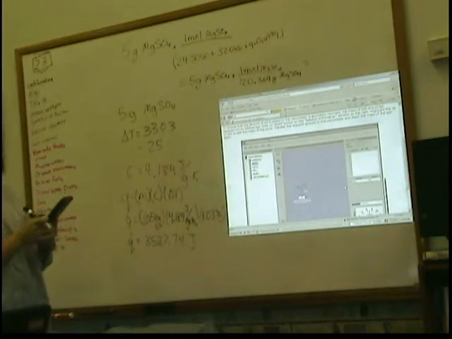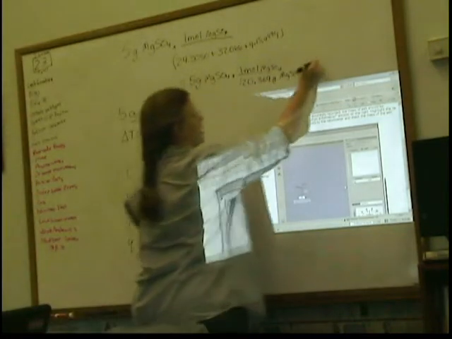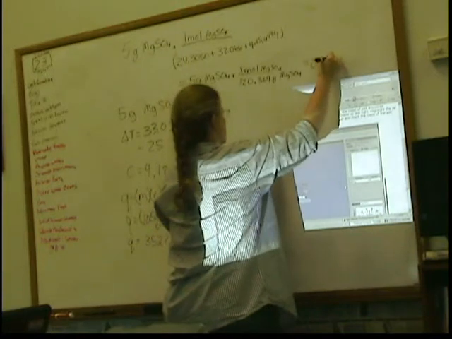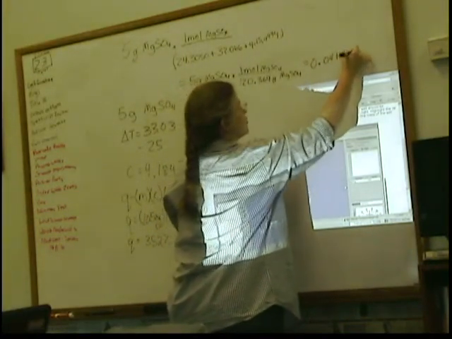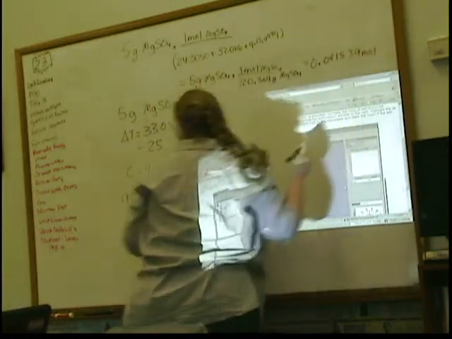So if I divide 5 by that, I get that my 5 grams was 0.041539 moles.